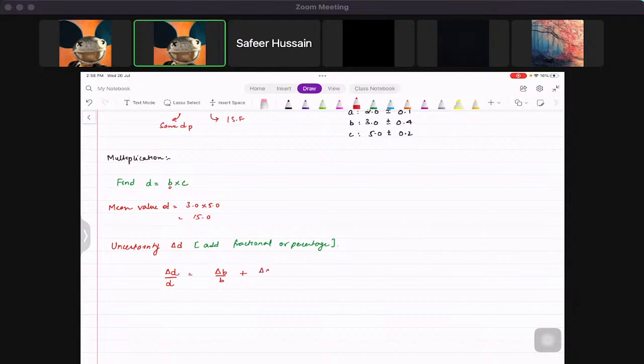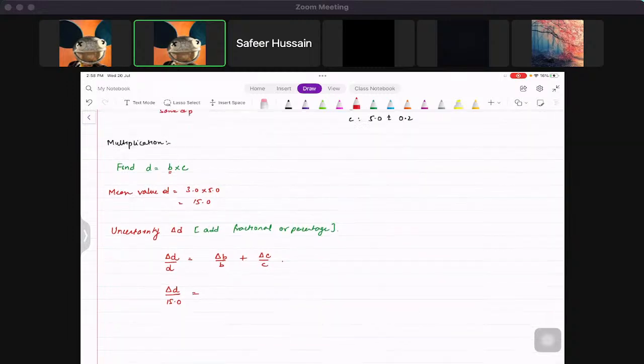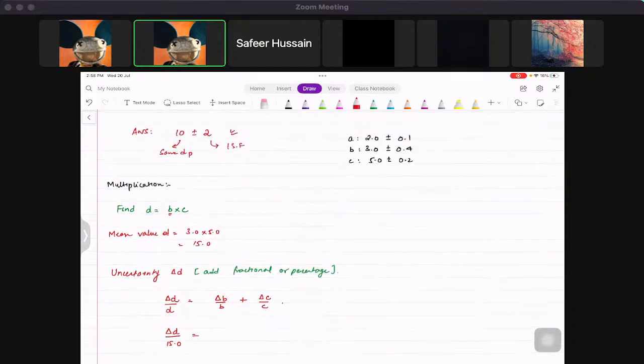Is it clear? So you make fractions of all the variables and then you add it. Okay. Now, because we already found D, which was 15.0, delta B was, according to our data, 0.4 divided by 3.0 plus C was 0.2 divided by 5.0.